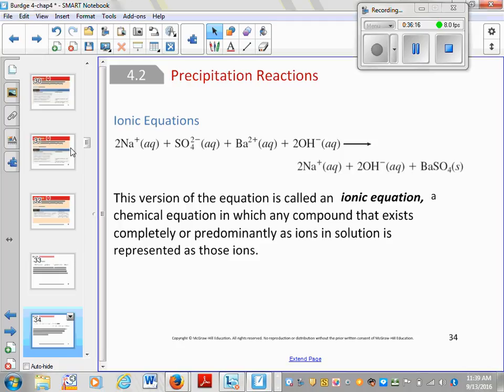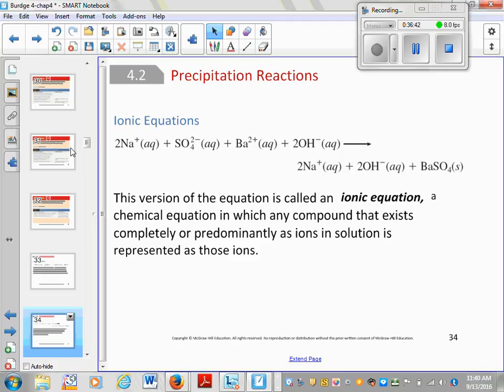So what about the sodium and nitrate ions? Okay, they're not doing anything, they're just hanging around there in the solutions. So, if you're at a football game, you're not playing on the field, you're watching, they call you a what? Spectator. Okay, spectator.